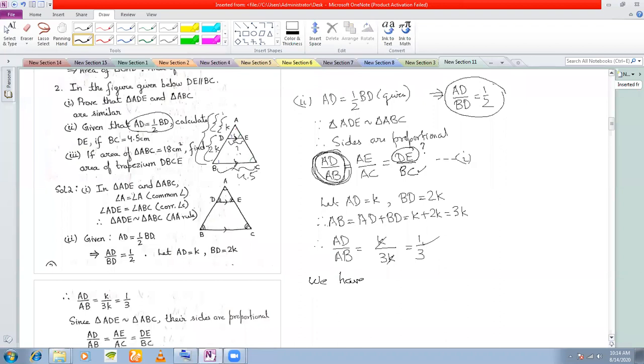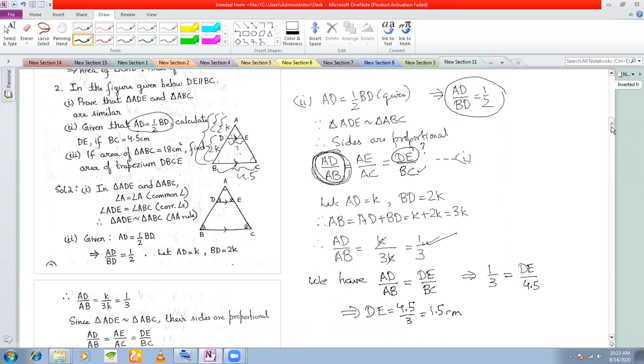So we have AD by AB is equal to DE by BC. And what is AD by AB? AD by AB is 1/3, we have already calculated. It is equal to DE, which we need to calculate, by BC, which is given to me as 4.5. So you can calculate DE from here. DE is 4.5 divided by 3, which is 1.5 centimeters. Okay, second part done.